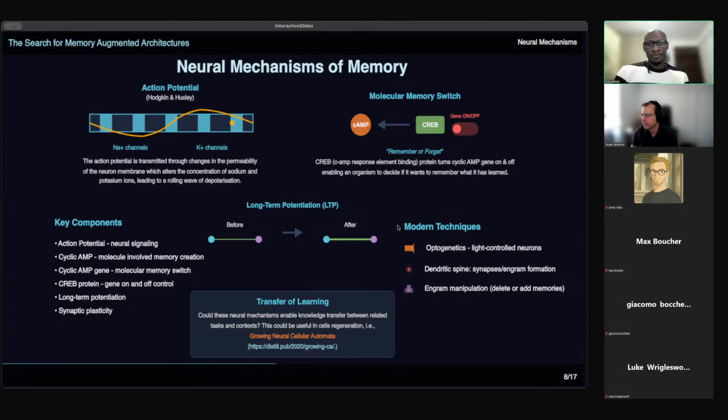And yeah, to explore all this stuff, memory potential, action potential, and memory switch, there are other things that have been proposed currently in the neuroscience field. We have optogenetics, which essentially allows you to see through neurons. You see what is happening with neurons through light control.